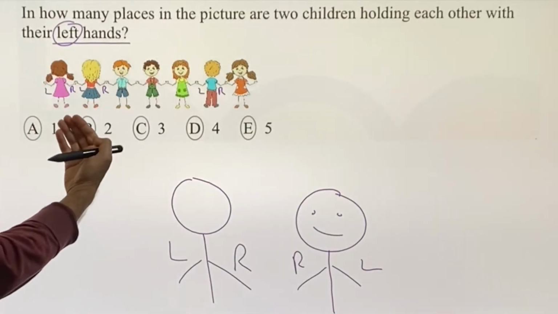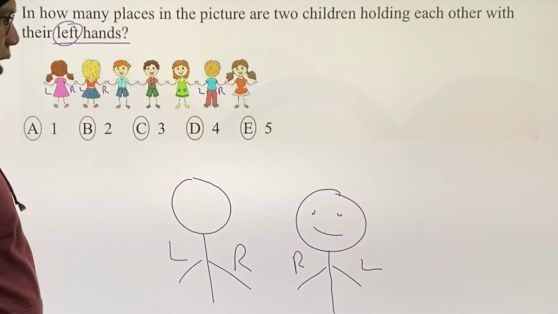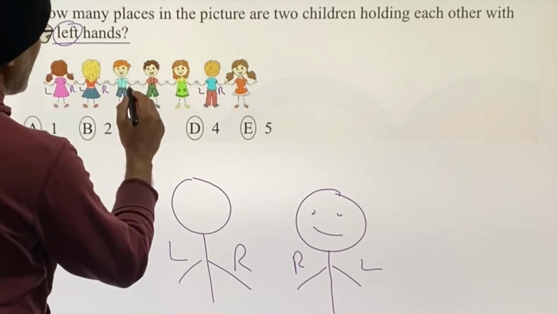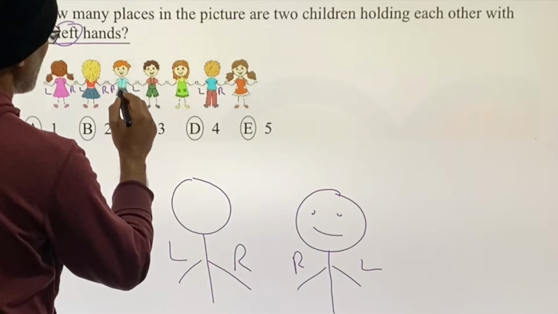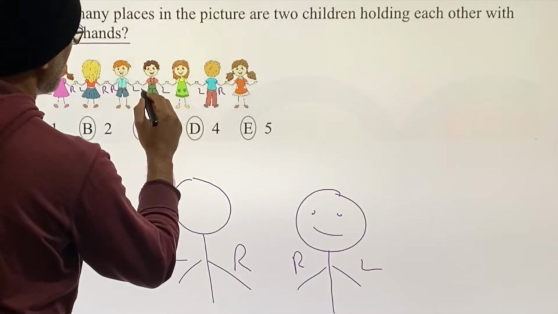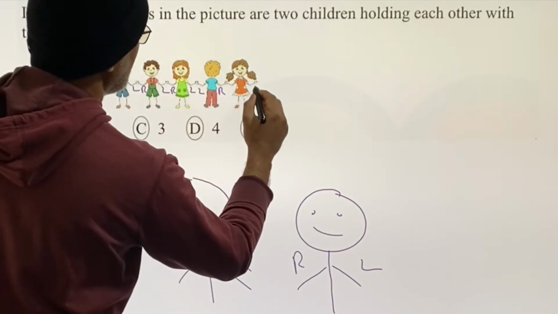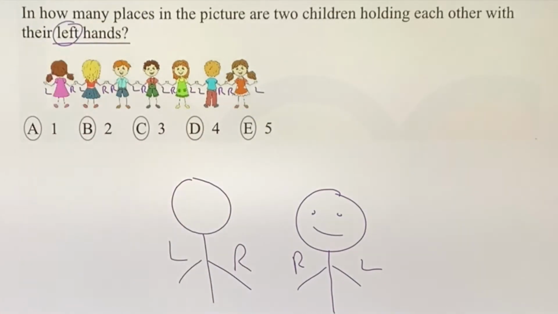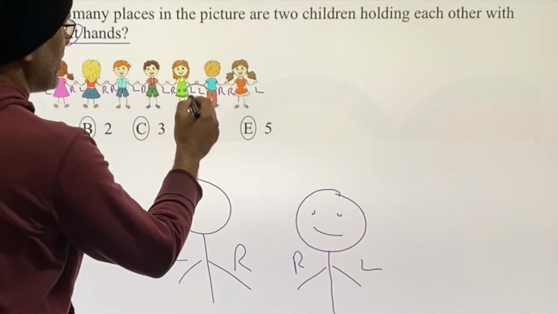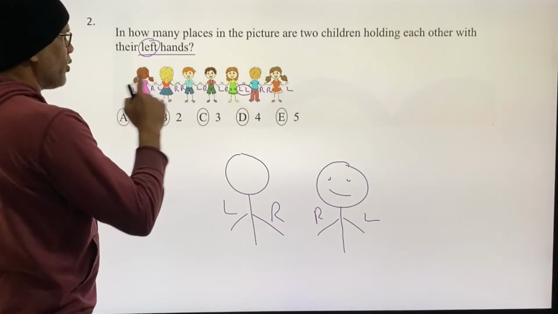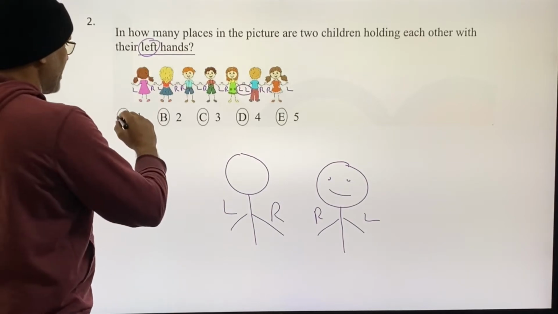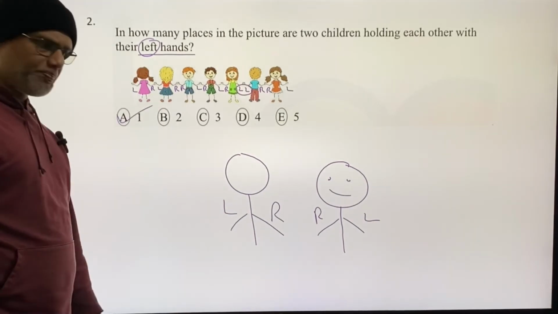For the child who is looking out of the screen, this is going to be left, right, left, right, left, right, left, right. Now from here, we can clearly see that only in one place they are holding with their left hands. Then A is the correct choice.